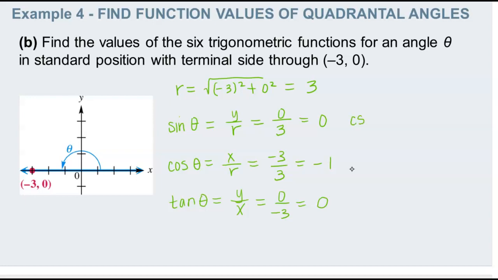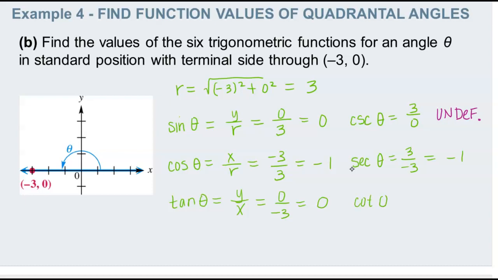The cosecant will be 3 over 0. That's no good. That's undefined, right? We can't have 0 in the denominator. The secant is 3 over negative 3. Also negative 1.